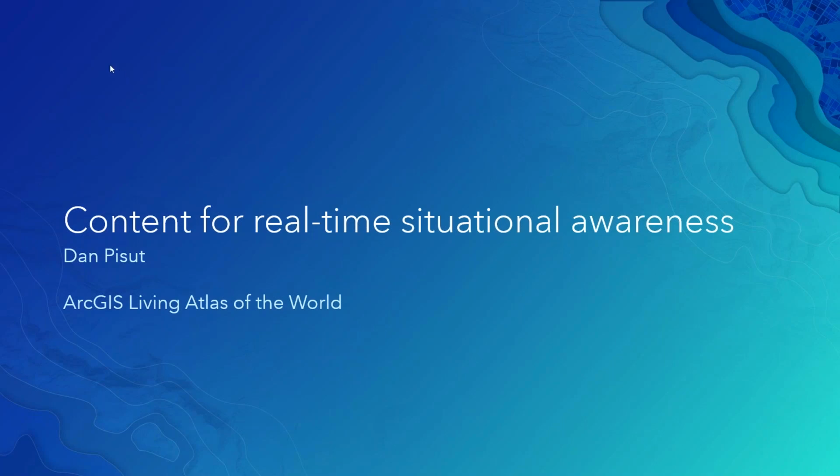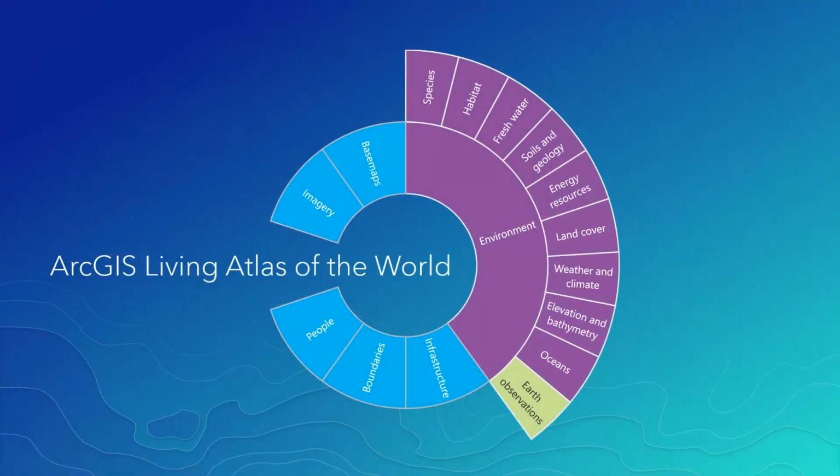Living Atlas is really one of the main content areas, or ways that you get content, in the ArcGIS platform. We've divided the Living Atlas of the World into different areas: imagery, the base maps that you're familiar with, demographic data, boundaries, infrastructure data. All of this has either been contributed by our community of users or developed by our teams here at Esri.